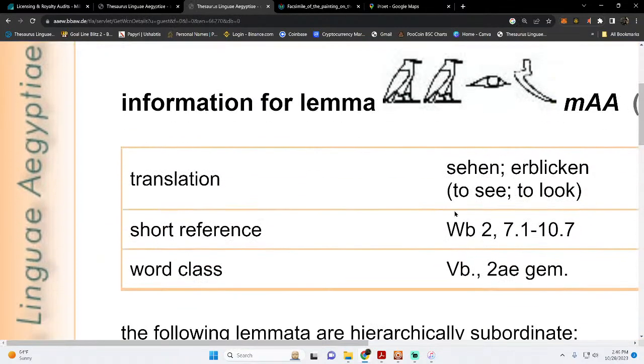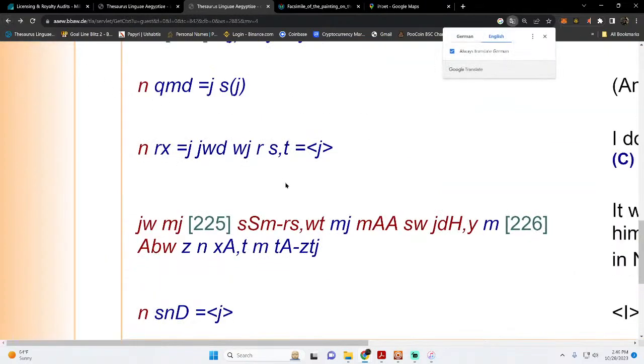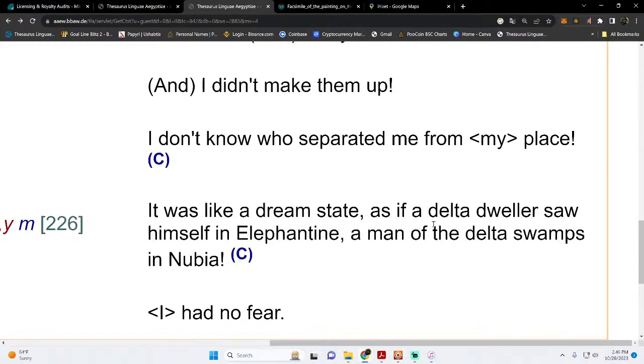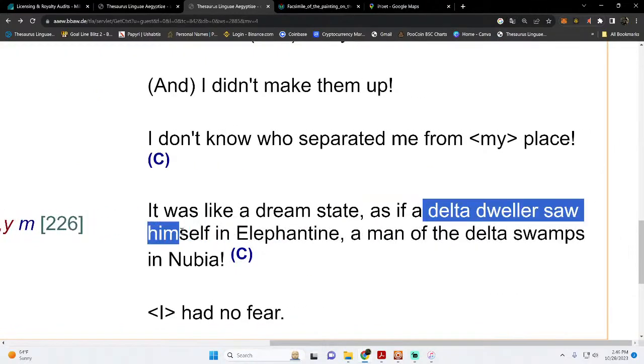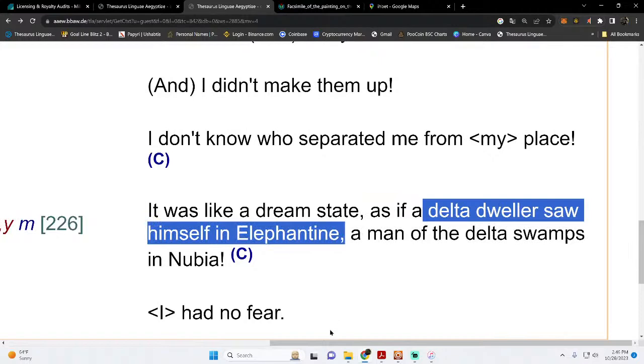Not like a man seeing himself, but like to look and see. So either people in the Delta wasn't by Abydos. Oh, this is putting hands on cats. There are different ways to interpret this. Because they say it was like a dream state, as if a Delta dweller saw himself in Elephantine.